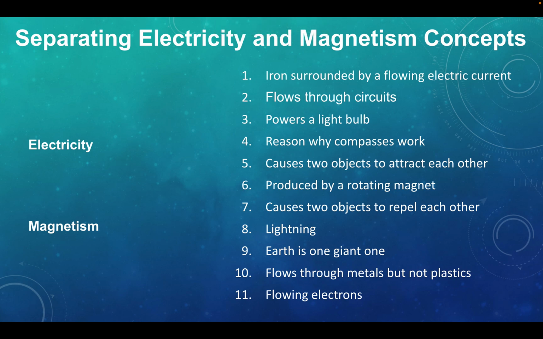I'm not sure if I spelled separating right. Let me look that up. On this list, there are 11 sentences. Some are referencing electricity and some are referencing magnetism. See if you can take a couple of minutes and match them correctly. And I will take the couple of minutes to see if I spelled separating correctly. No, I did. That's separating.